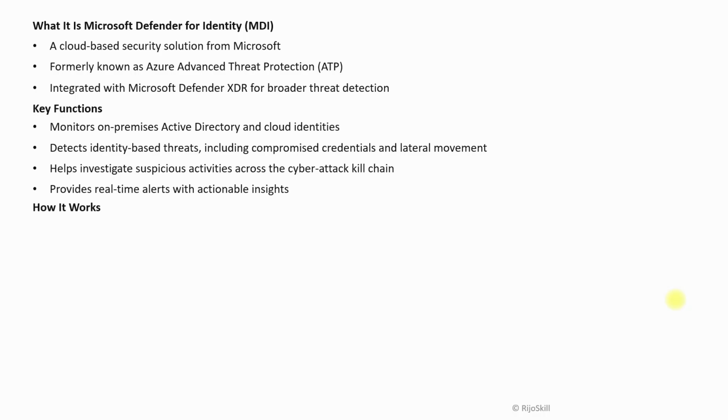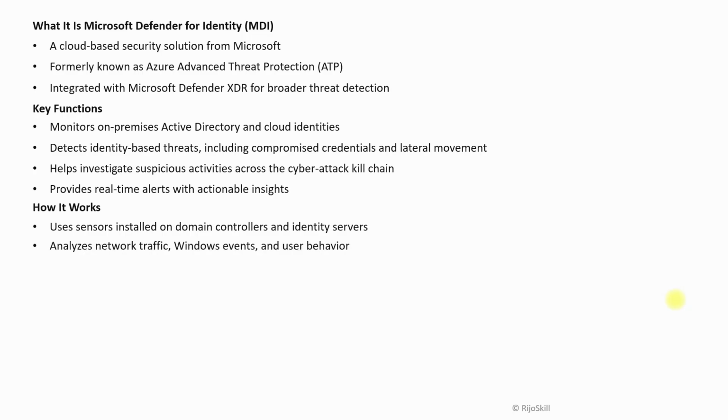How does it work? It uses a sensor installed on domain controllers and identity servers. Microsoft Defender provides the sensor, which you install in your working environment, and it analyzes network traffic, Windows events, and user behavior. For example, if you install it on your domain controller server, it actively monitors the network traffic, Windows events, and user behavior.